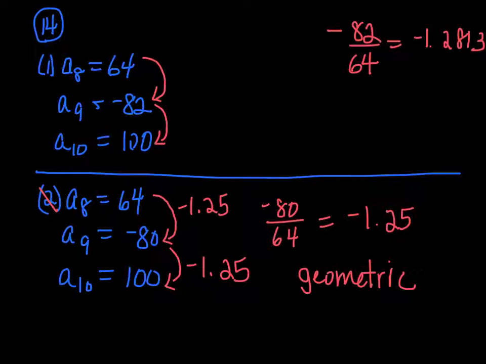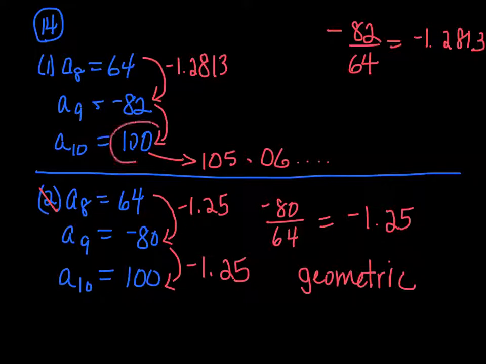So I should be multiplying by negative 1.2813. However, if I multiply negative 82 times negative 1.2813, I do not get 100. What I actually get is about 105.06, and so on, which is not 100. So this will be what the 9th term cannot be. So that would be choice 1.